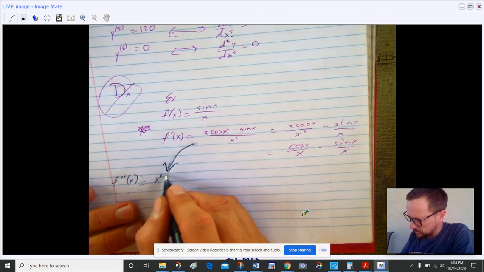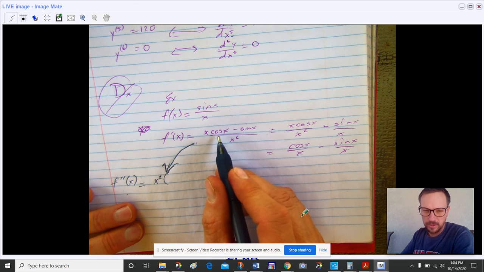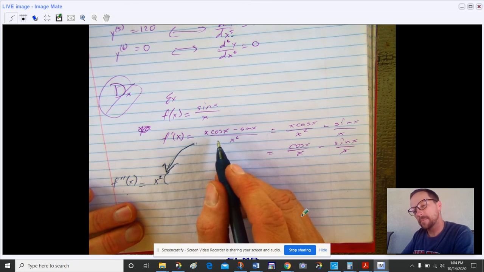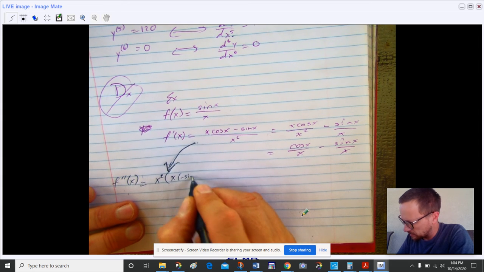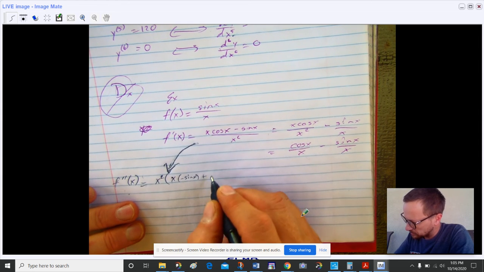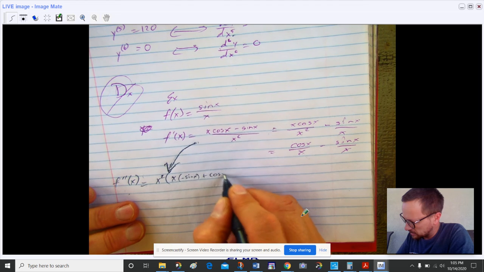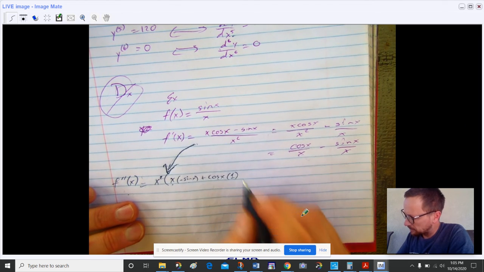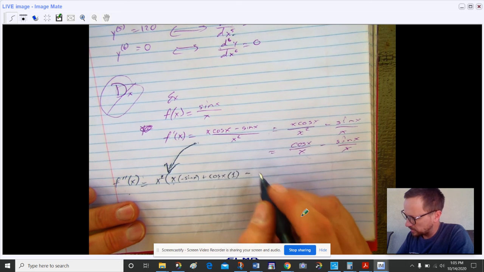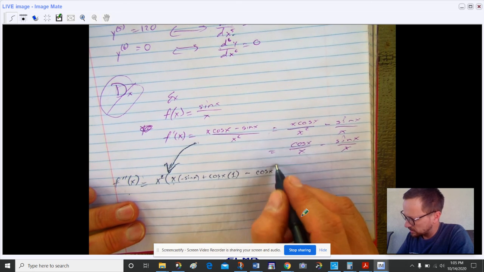Bottom times the derivative of the top. When we take the derivative of x cosine of x, we have to use the product rule. So that's x times negative sine of x plus cosine of x times 1. f times g prime plus g times f prime. Minus the derivative of sine of x cosine of x.